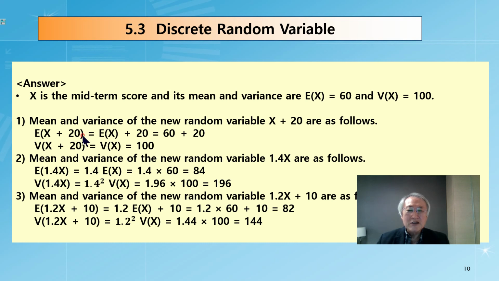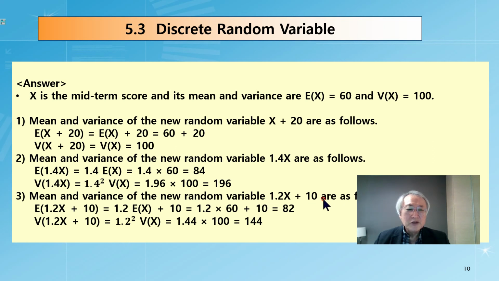The expectation of x plus 20 is nothing but the original average plus 20. Variance stays the same. But if you multiply the random variable by 1.4, the expectation is multiplied by 1.4, but in the case of variance, it becomes much more spread by this amount.